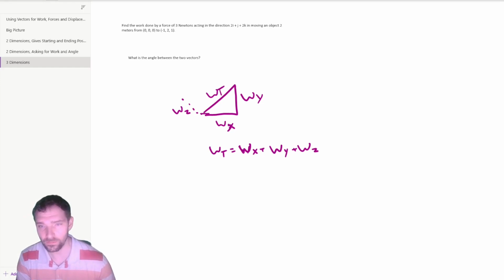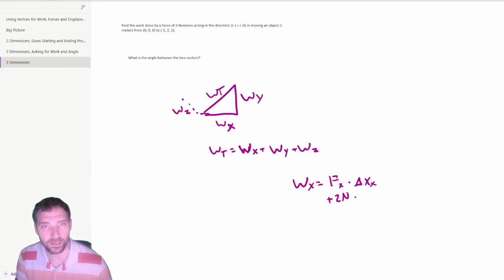So for this problem, we have work in the x-axis, that's the force in the x-axis times the displacement in the x-axis. We have a force now that is plus 2 newtons, I'm seeing that 2i there, times the displacement of -1. So it's going down 1 meter, and that is now kind of slowing things down in the x-axis.